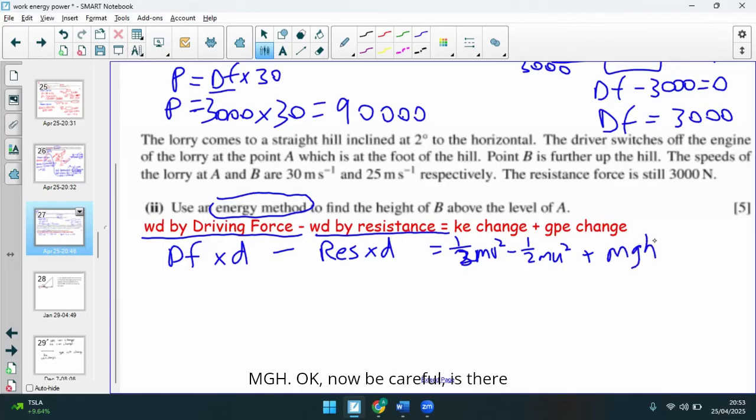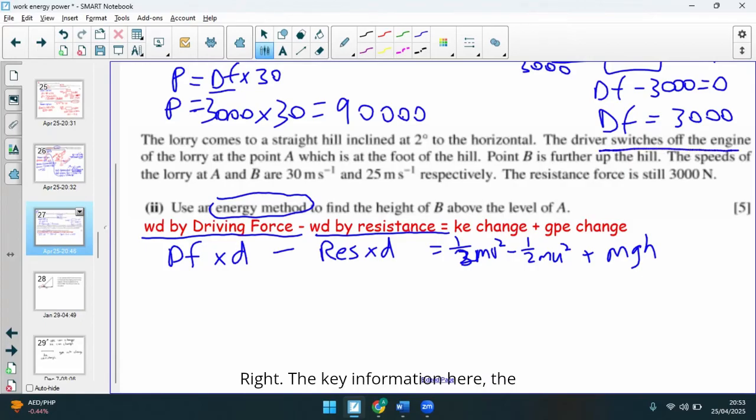Now be careful. Is it going up or down? It's going from A to B, so it's going up, right? So mgh will be positive, no problem. Right, so the next part is to fill all these values. Now, what's the driving force?